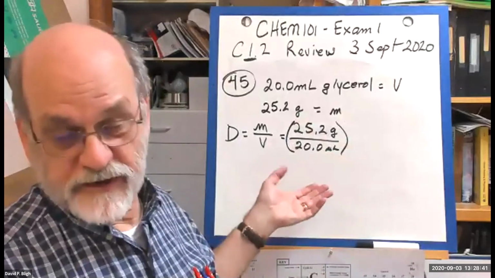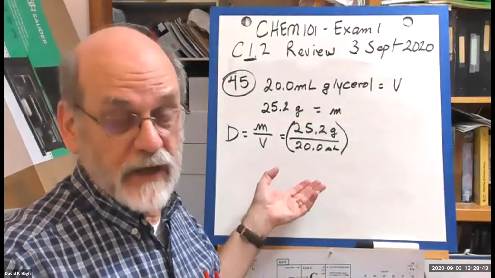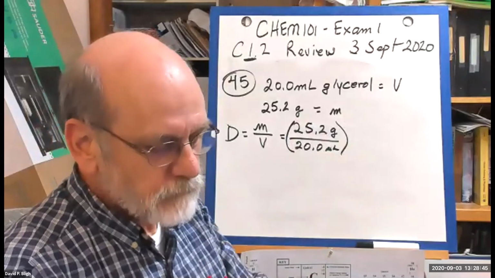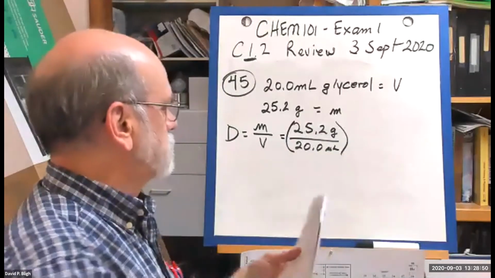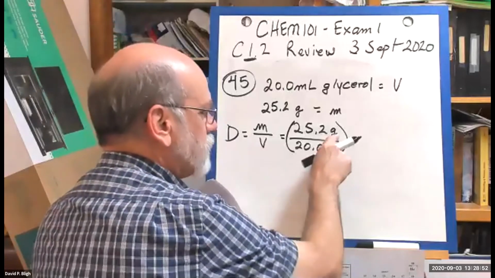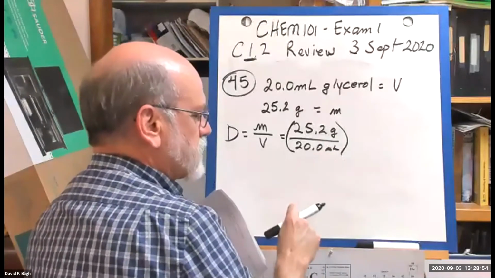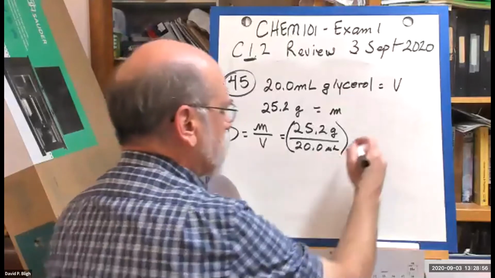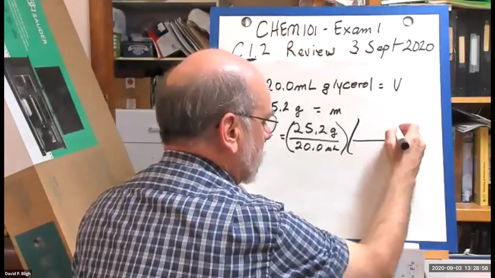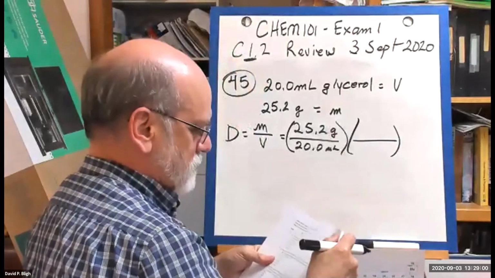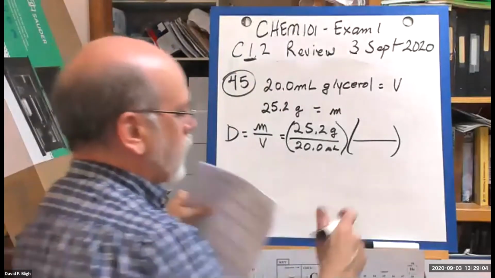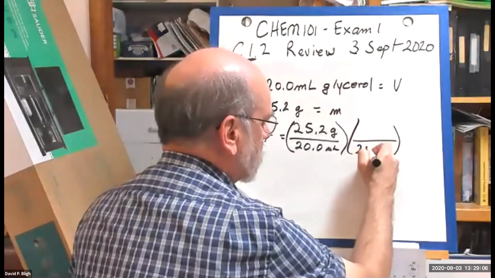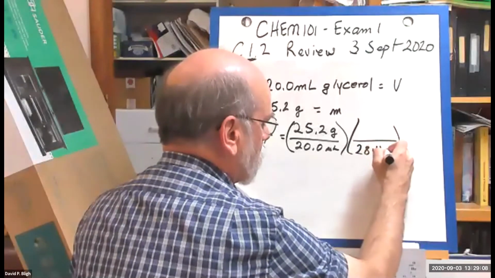Now, we don't have to divide that out because the question is, what is that density in ounces per quart? So we've got to convert this to ounces and this to quarts. We might as well just keep going with our chain. So let's do mass first. 1 ounce equals 28.4 grams. 28.4 grams is 1 ounce.